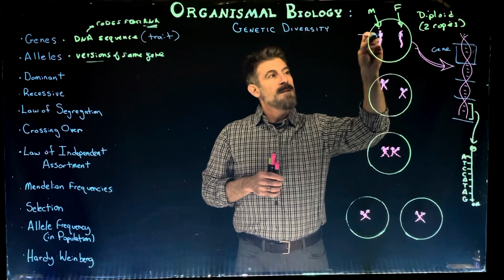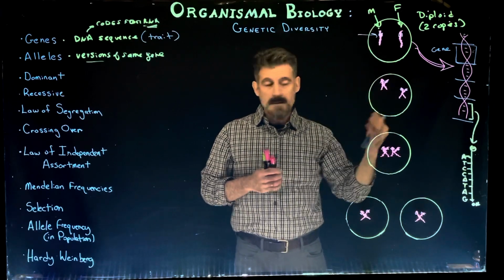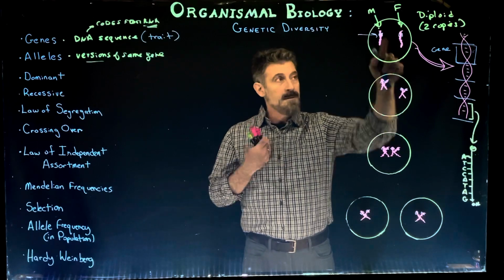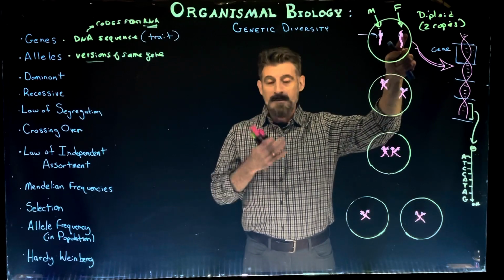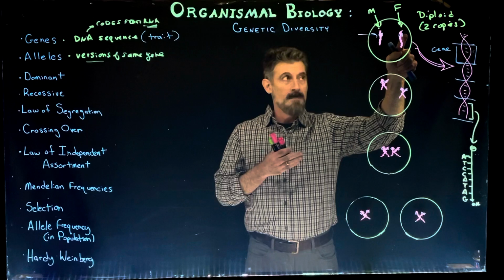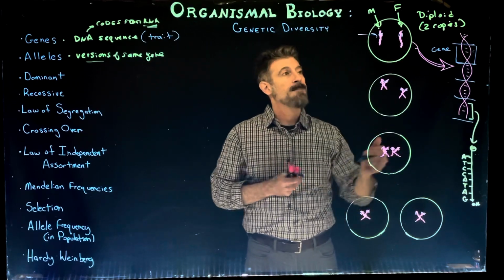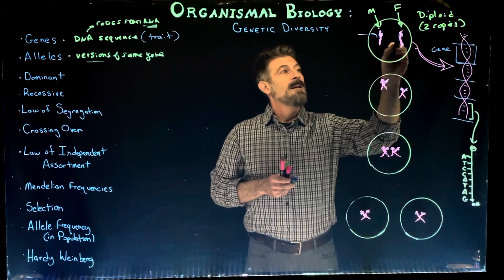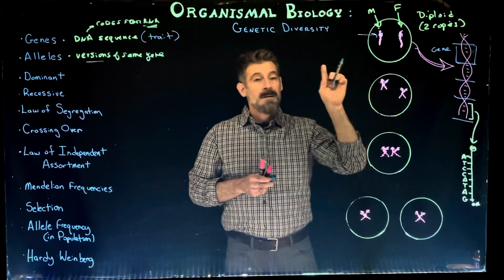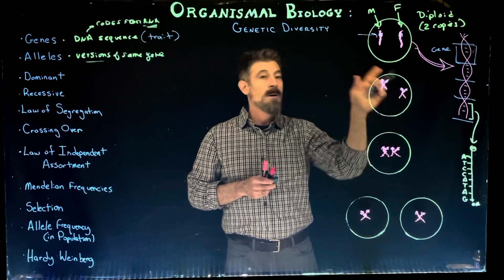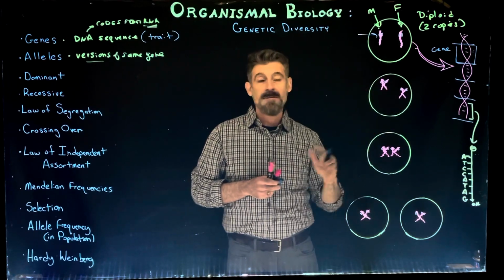So if this is a gene that codes for some trait on the mother's chromosome that you received, then you have another version of that same chromosome that you received from your father, and all organisms will. Now, you may have the same version of that gene on both chromosomes, or you may have two different versions.